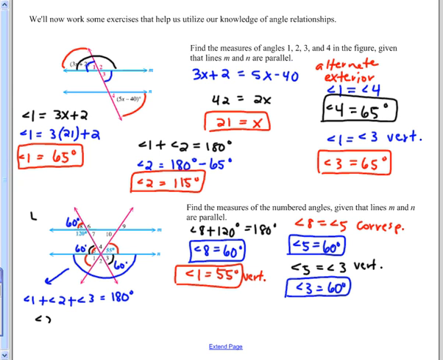Angle 2 is what I'm solving for, so it would be 180 degrees minus angle 1, which we already found to be 55 degrees, minus angle 3, which we already found to be 60 degrees. And angle 2, if I'm doing this in my head correctly, should be 65 degrees.